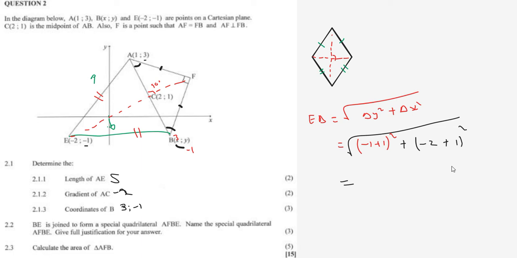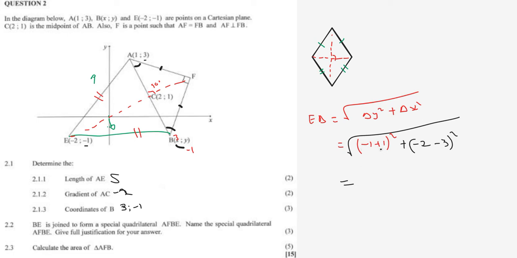Let me solve it. This was the change in y's, of which there is no change, and the change in x's. So it's going to be negative 2 minus 3 all squared. Then the answer is going to be this one.